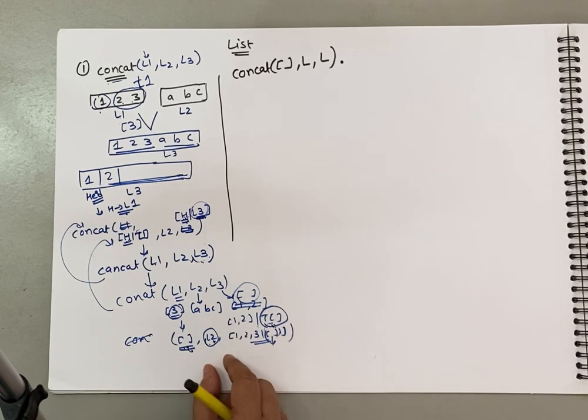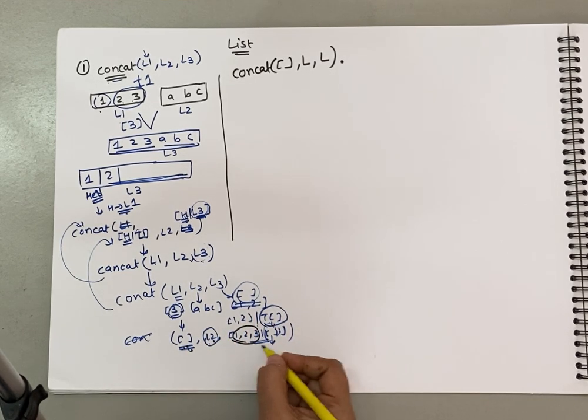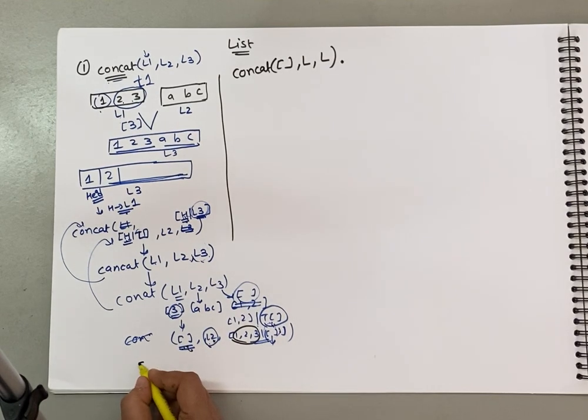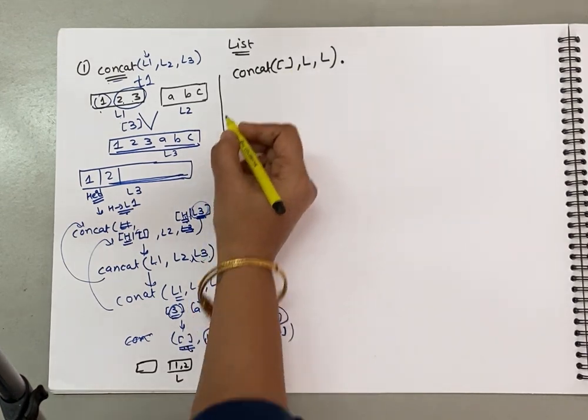You are going to pass the entire L2, because this is already there. So the resultant list should be L2 itself. Imagine you want to concat an empty list and L2. Suppose this contains 1 and 2. The answer will be 1 and 2 only. So whenever the first list is empty, the second list as it is will be the answer of concatenation. That's what we are saying over here.